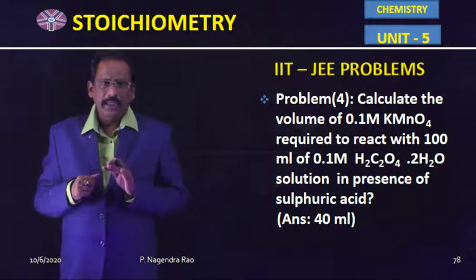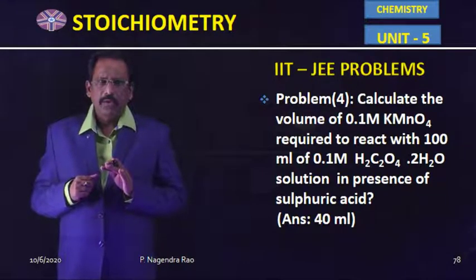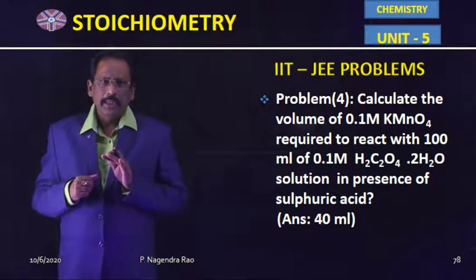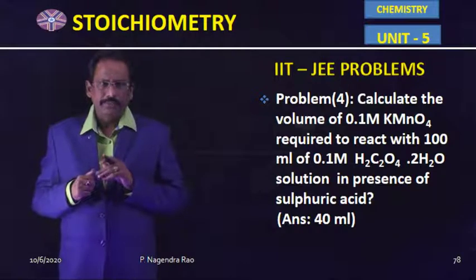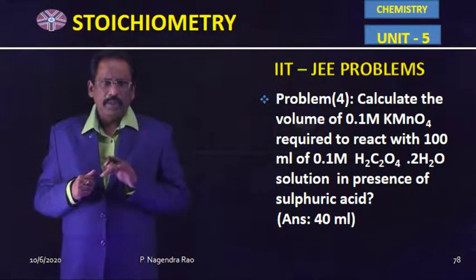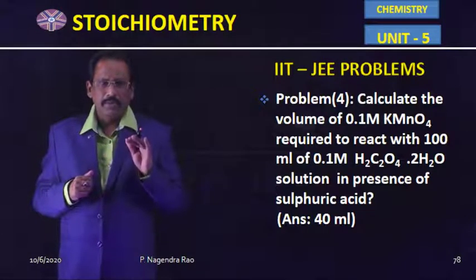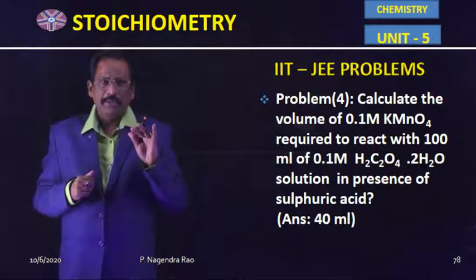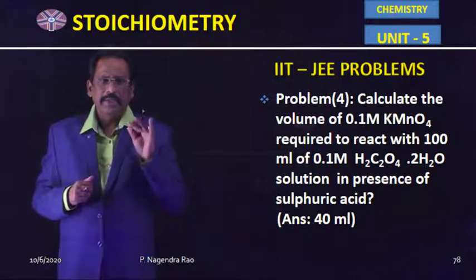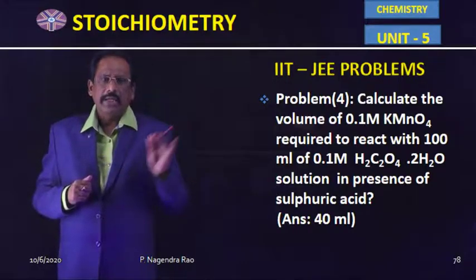Its formula is H2C2O4 with 2 moles of H2O, in the presence of sulfuric acid solution. So from this problem, calculate the volume of 0.1 molar potassium permanganate solution when it reacts with oxalic acid.